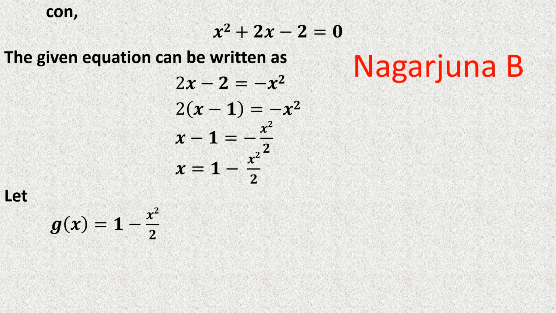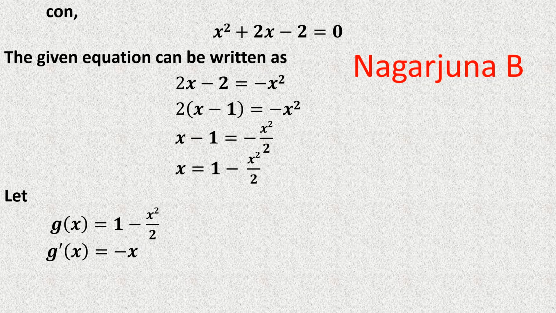That is, let g of x is equal to 1 minus x square by 2. G dash of x is equal to minus x. G dash of x is nothing but the differentiation of g of x with respect to x.